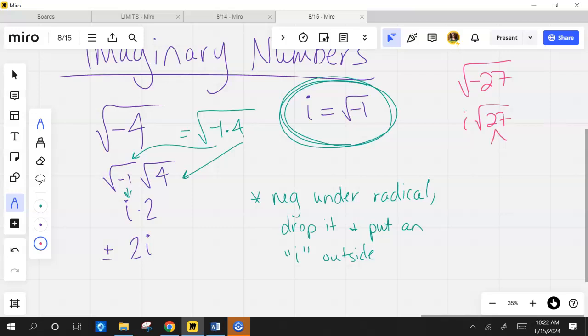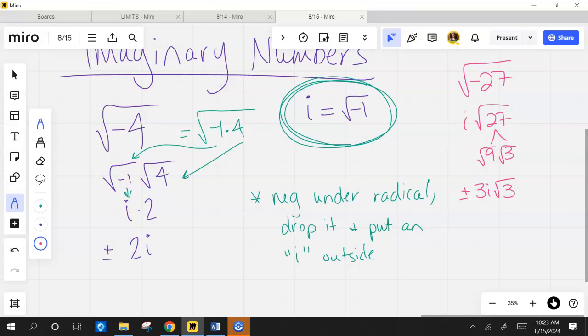So this one, you might notice, can break down into 9 and 3, right? So the square root of 9 is 3, so this becomes 3i root 3, and then I put the plus or minus out front.